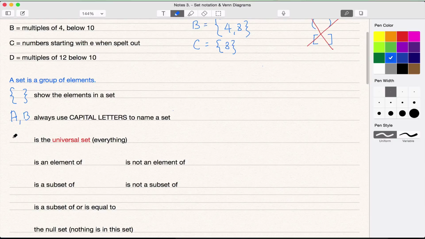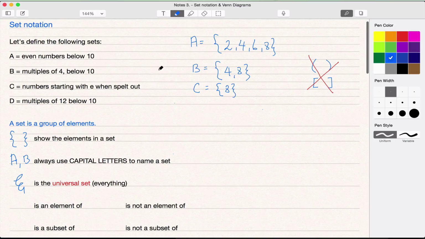This symbol here, which I like to call squiggly E, is the universal set. It's everything. In our example up here, I would define the universal set to be numbers below 10. So I could write it in squiggly brackets, 1, 2, 3, up to 10.